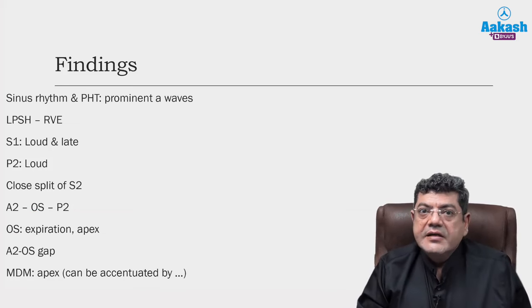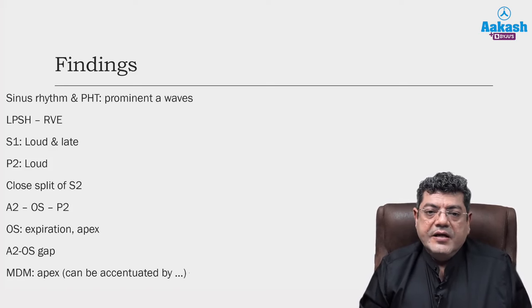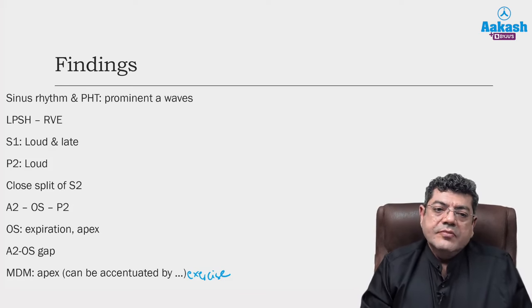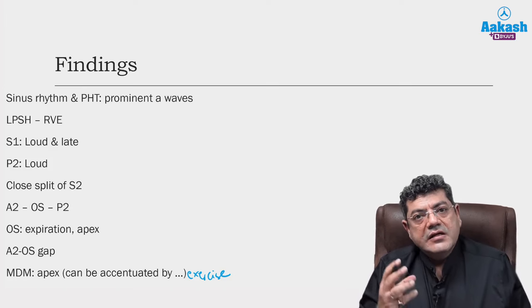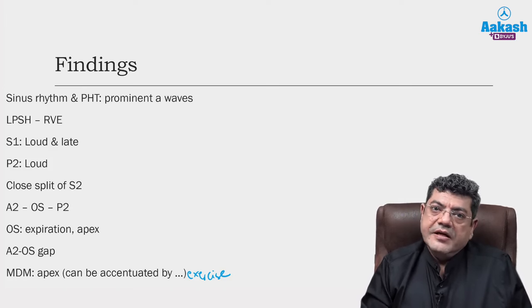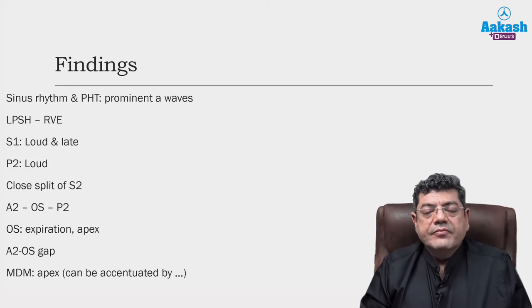And you hear a mid-diastolic murmur at the apex, and this can be accentuated by exercise, anything that increases flow across the valve. It is best heard at the apex in the left lateral position, breath held in expiration, right?